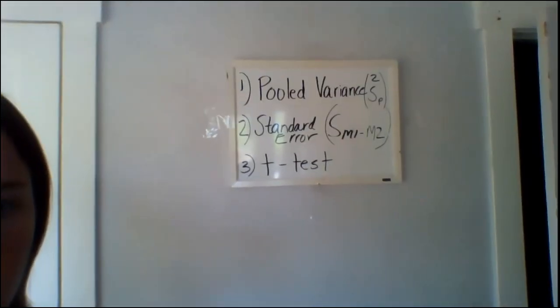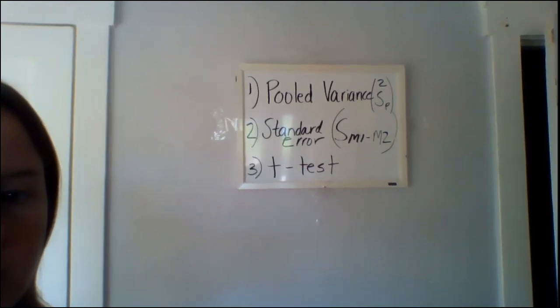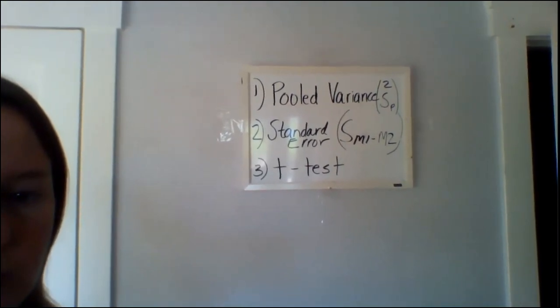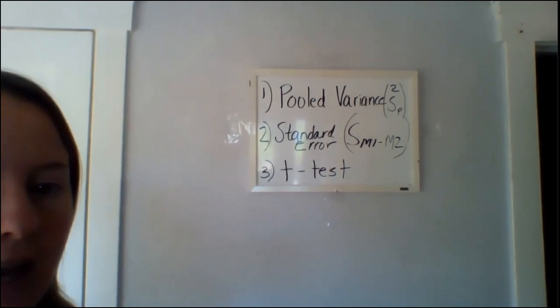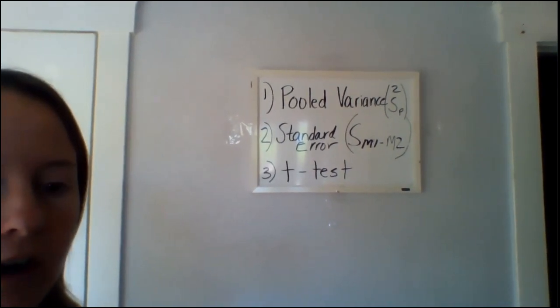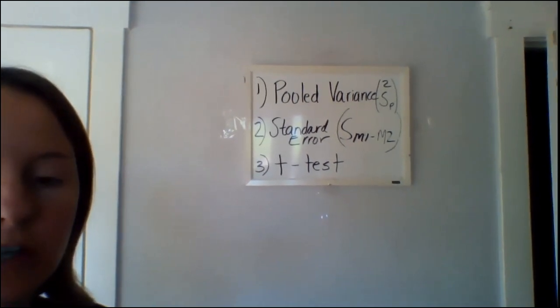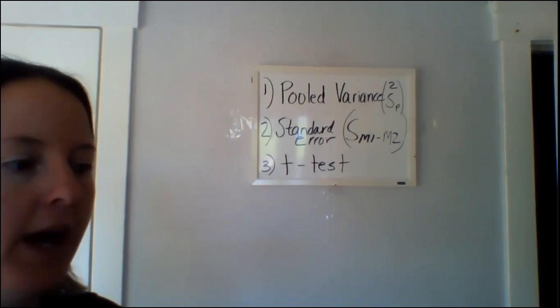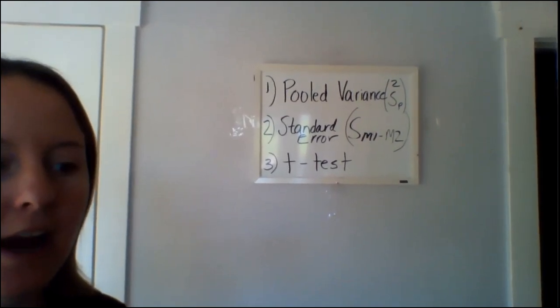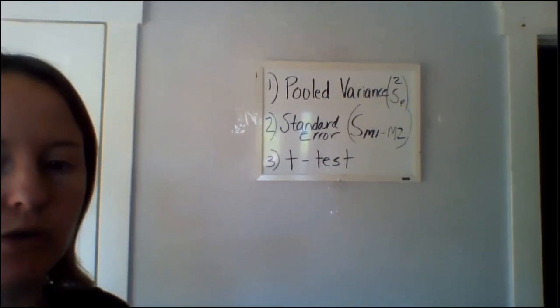Let me just move my screen here a little bit closer. The pooled variance is the variance pooled, and you'll see the little p as a subscript. Once you have the pooled variance, then you're going to be able to use that to compute the standard error. In this case, it's the standard error of the mean difference between sample 1 and sample 2. How much wiggle room or error is there in the difference between two groups?